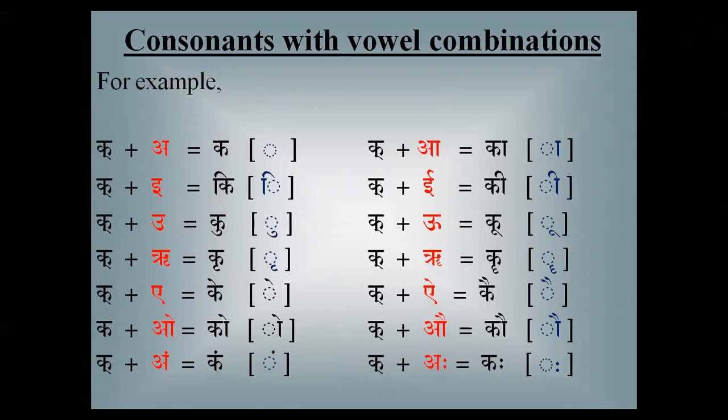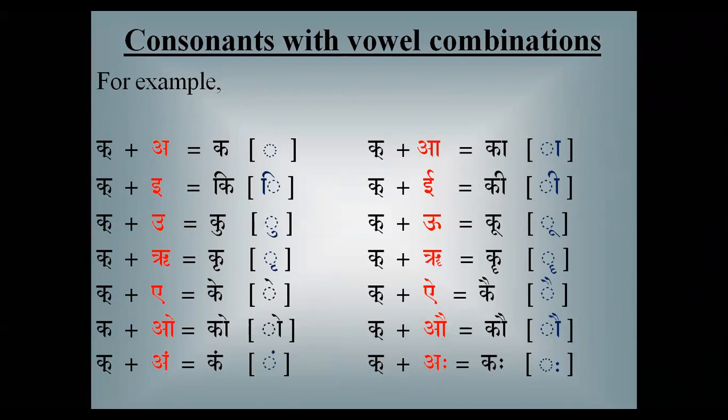The first one was ka, the second one kaa. It is a combination of the consonant and vowel sound. Both the script and the sound, please note down. And the third one: you add the corresponding vowel sign of the vowel i and it is pronounced as ki. Then the fourth, long I, becomes kee. So ka, kaa, ki, kee.